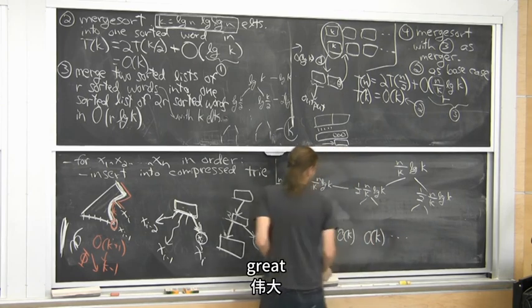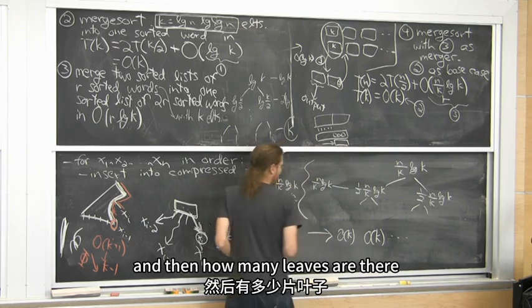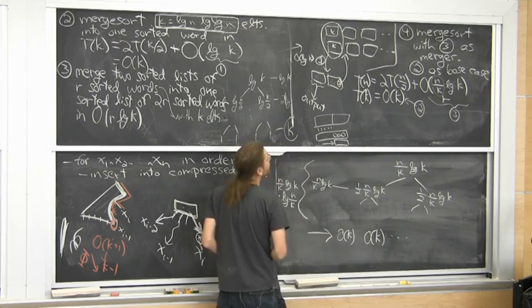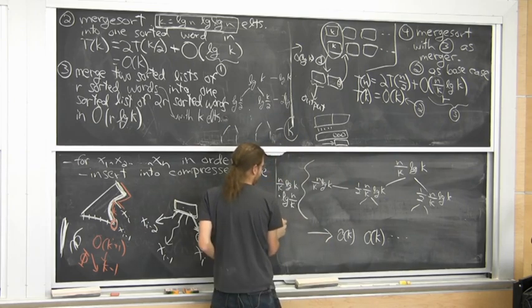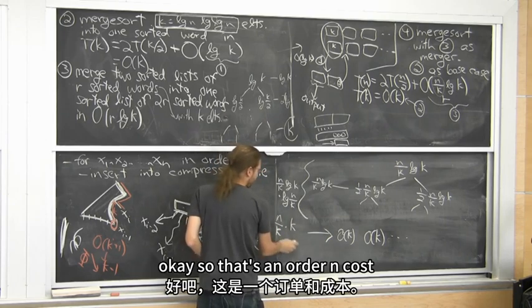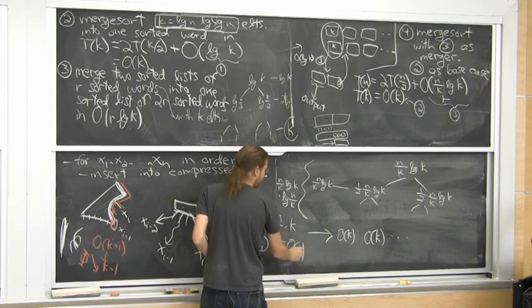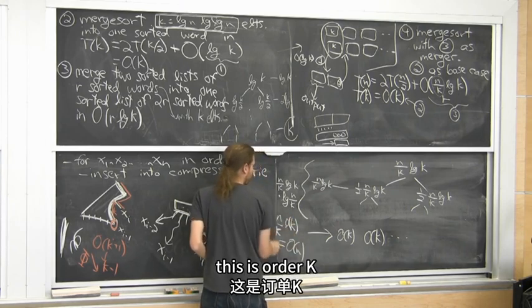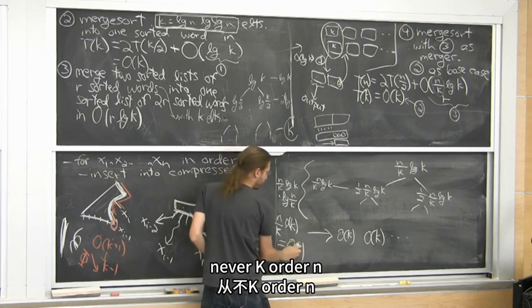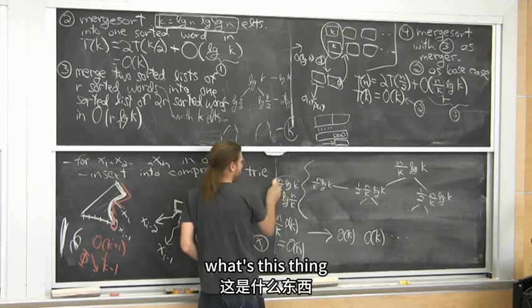Great. And then how many leaves are there? There's n over k leaves. So that's an order n cost. This is order k, there's n over k, order n. What's this thing?